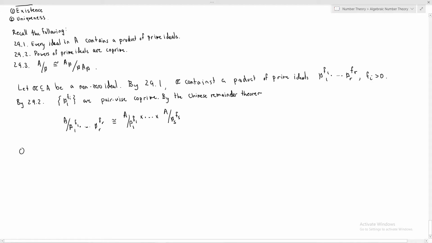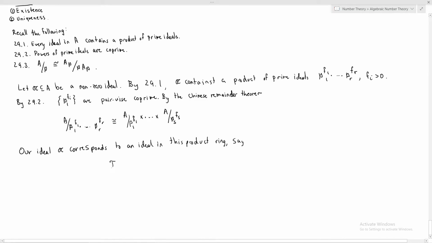Okay, so our ideal 𝔞 corresponds to some ideal in this quotient ring. Since 𝔞 contains this ideal, it corresponds to an ideal in this product ring, and I know by maybe my 5th lecture that ideals in this product ring are products of ideals.